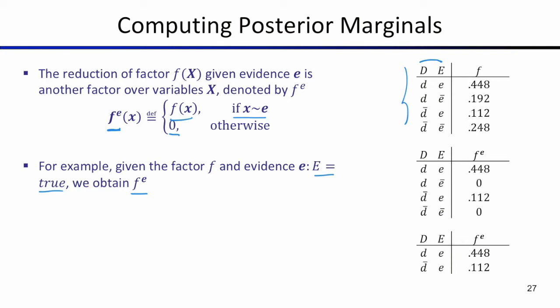So I eliminate this row, and I eliminate this row here. Now I have this factor in which the second and the fourth rows are 0. I can eliminate these, I don't need to represent them. I can have this reduced factor here in which we have only entries that match the evidence, in other words, entries in which the variable E is true.